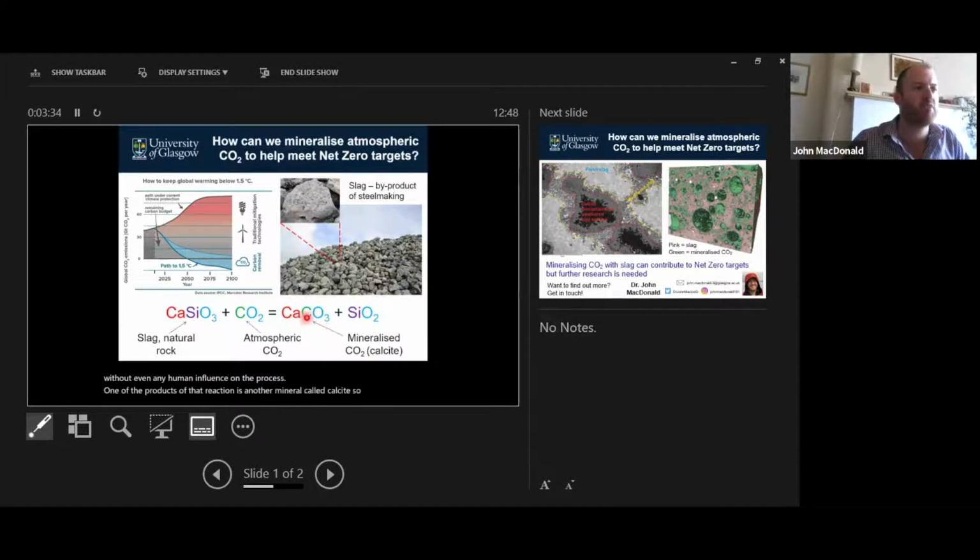It's got calcium, carbon, and oxygen in it. And what this new mineral represents is our mineralized form of our CO2 gas. So the reaction takes the calcium from the slag, combines it with the CO2 gas, and you're converting that gas into a solid form. You're mineralizing it.